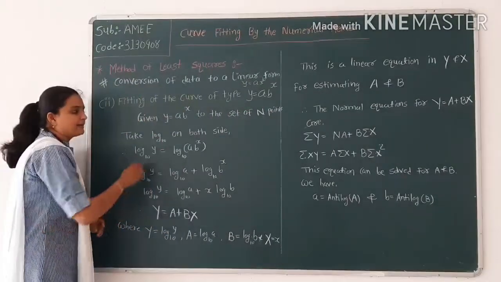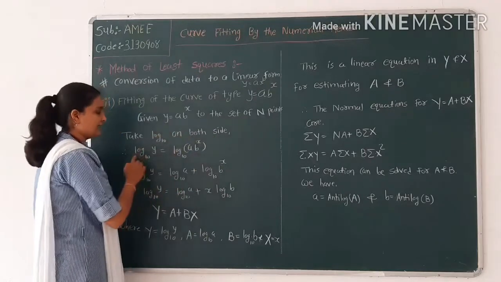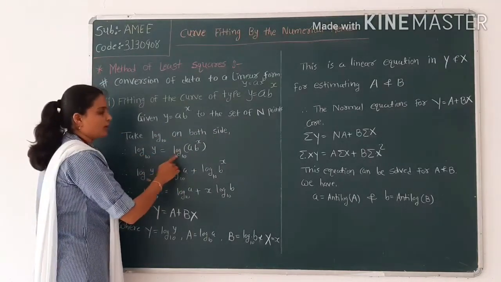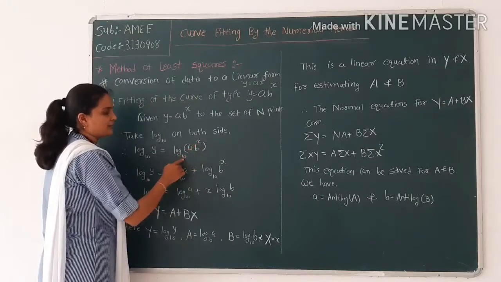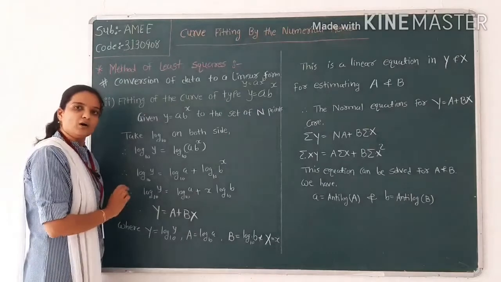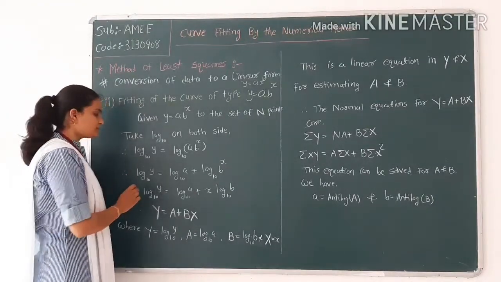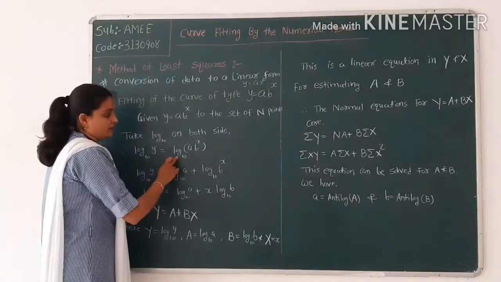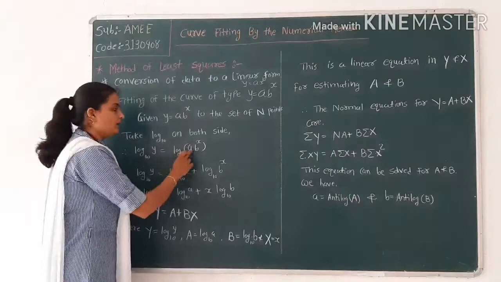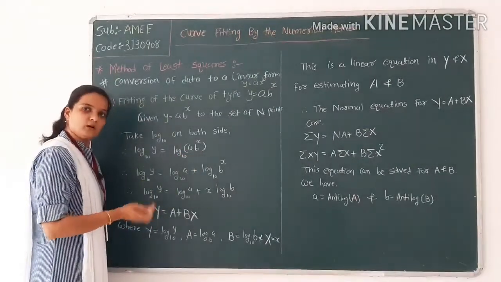Now take log to the base 10 on both the sides. We get log y to the base 10 equals log of a b raised to x to the base 10. In this method we use log to the base 10, so I call it only log. Now we know the law of logarithm: log of a into b is log a plus log b.